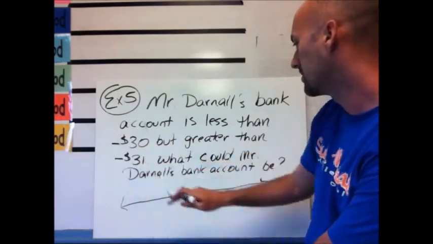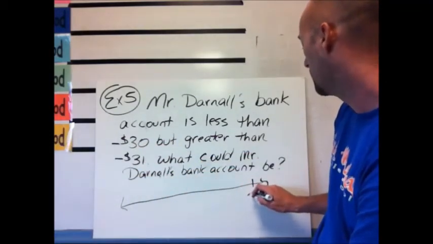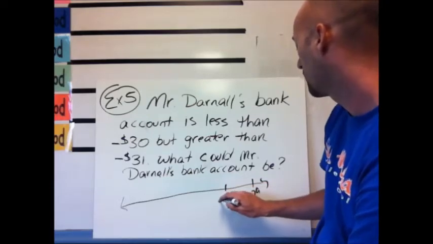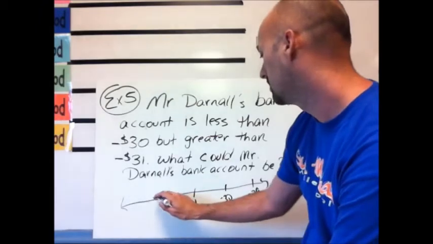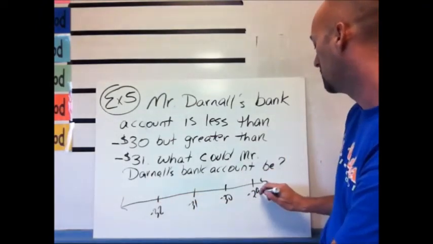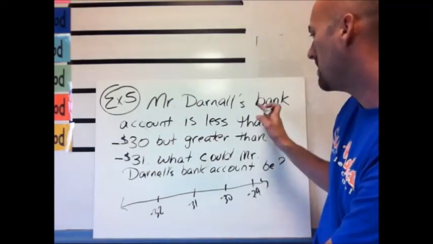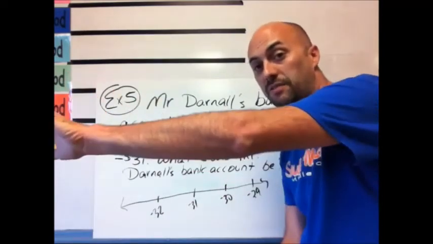So I know what two numbers I'm between here, right? So I'm going to start here, negative 29, negative 30, negative 31, negative 32, just so we have kind of a range of numbers here. So my bank account is going to be less than negative 30. Remember, left is less.